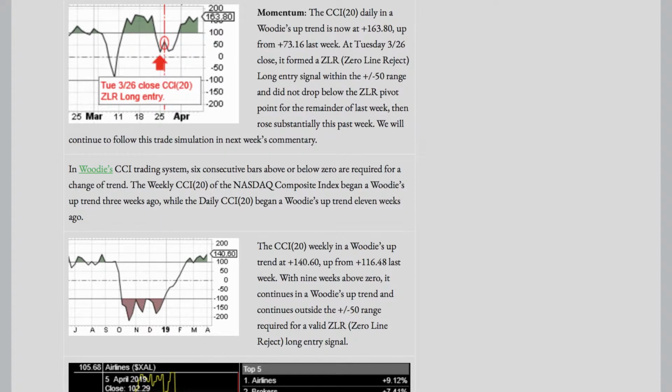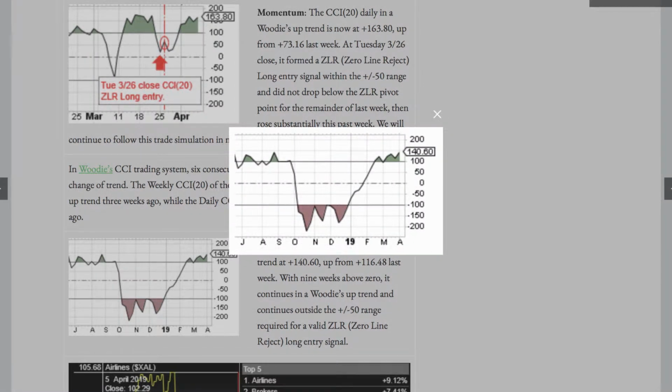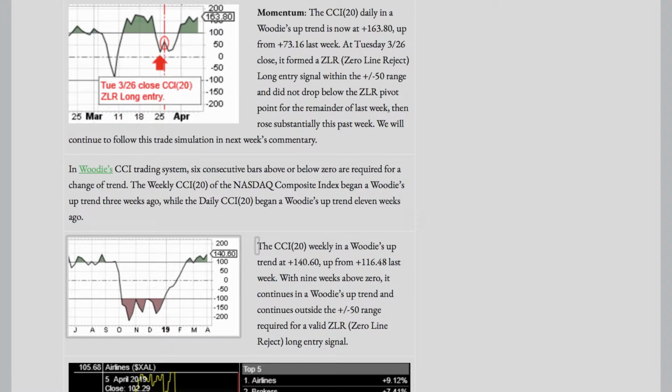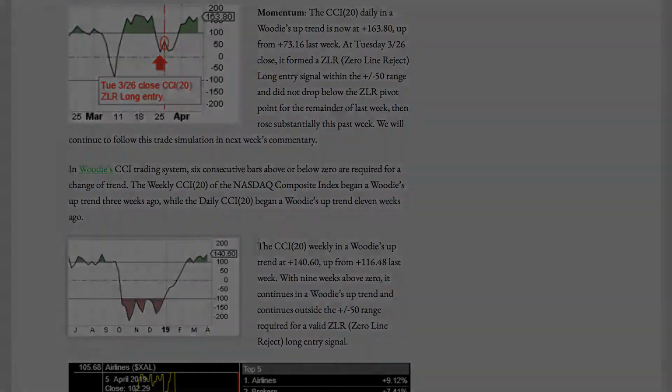The CCI 20 weekly, in a Woody's uptrend, at a positive 140.60, up from a positive 116.48 last week. With 9 weeks above zero, it continues in a Woody's uptrend and continues outside the plus or minus 50 range required for a valid zero-line reject long entry signal.